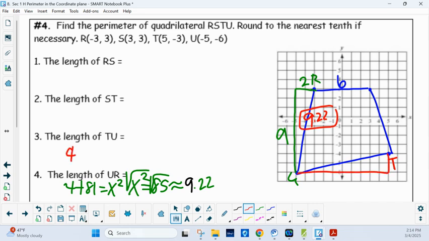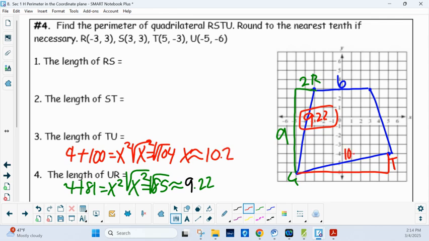So 4 plus 100 is our x squared. So x squared is 104. Square root it. 10.2 for that guy. And finally T to S. 2 and 6. So 4 and 36 is 40. Square root it.